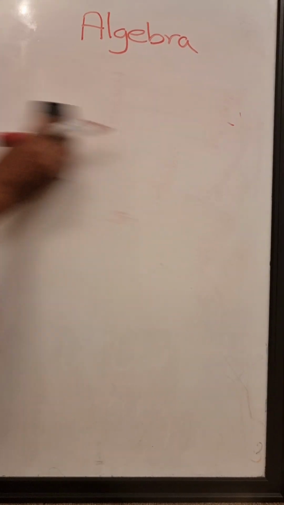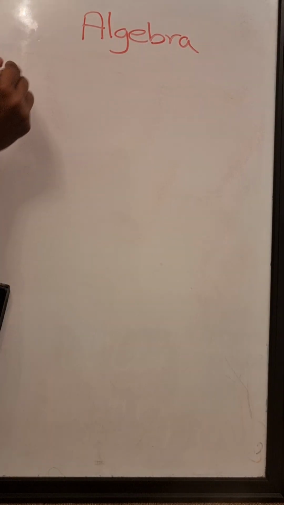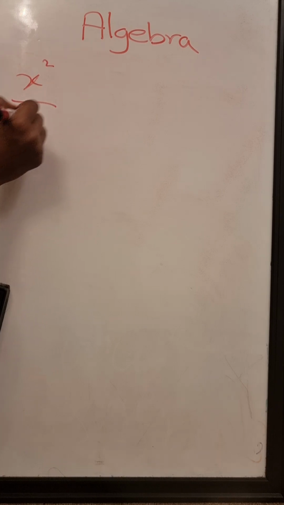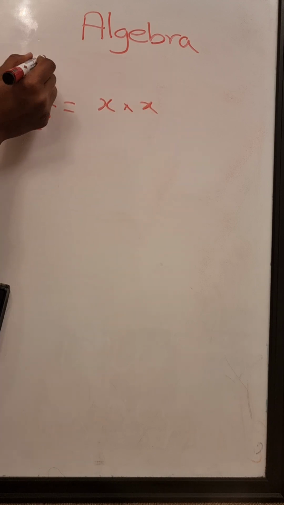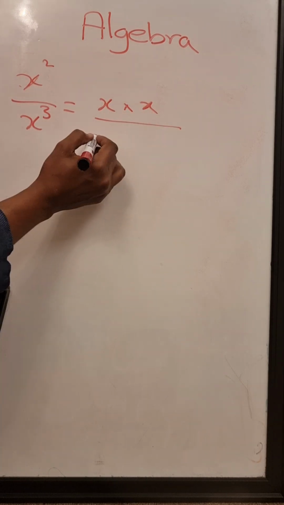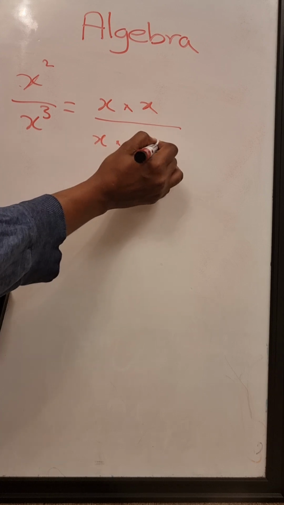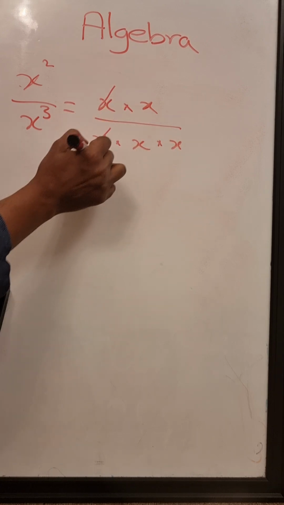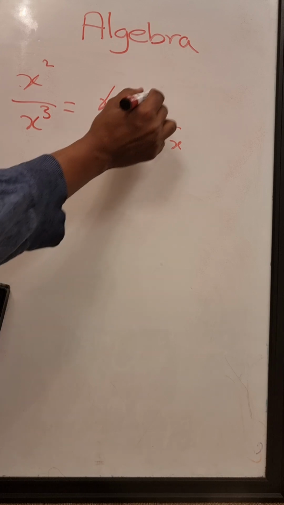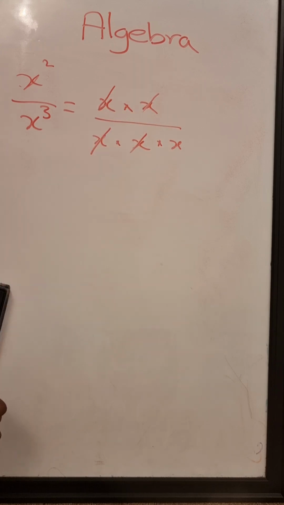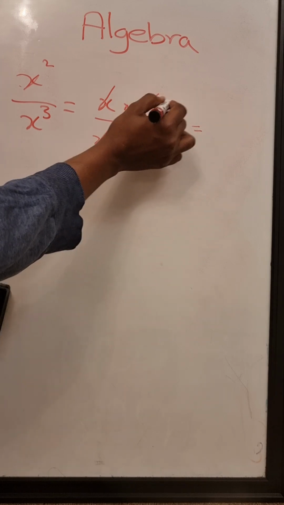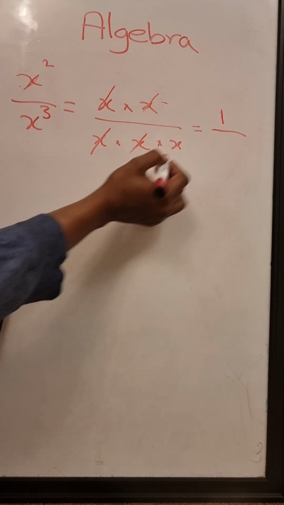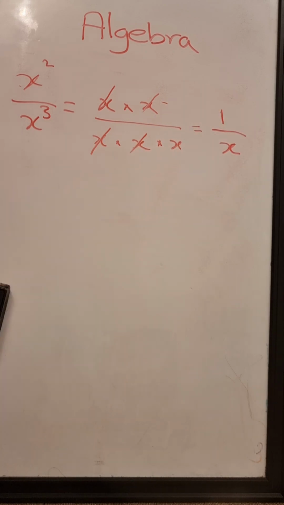And notice that if we say x to the power 2 over x to the power 3, this would equal x times x, this is x squared, over x to the power 3, which is x times x times x. This one over this one is 1, and x over x is 1. We're left with 1 on top, and at the bottom we have 1x, 1 over x.